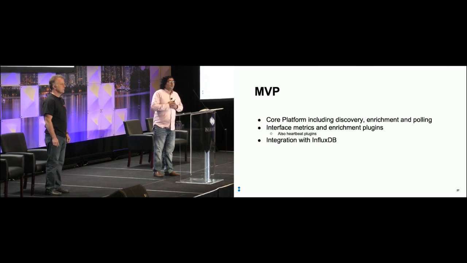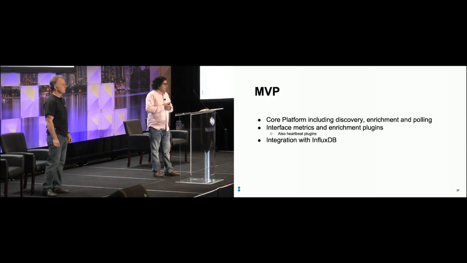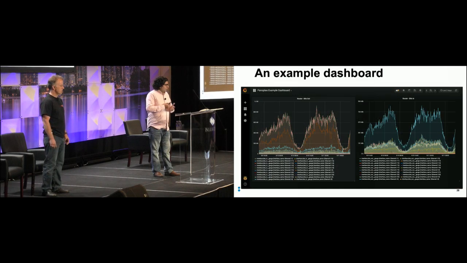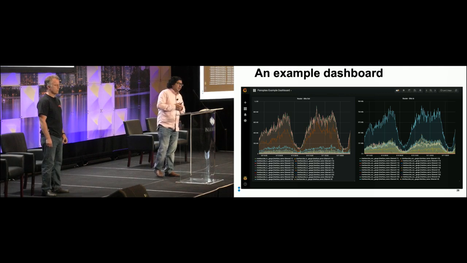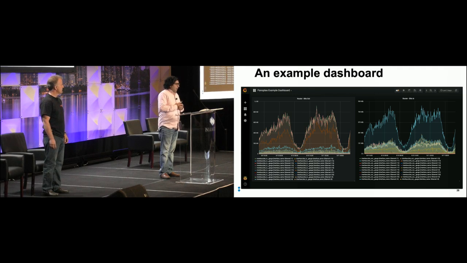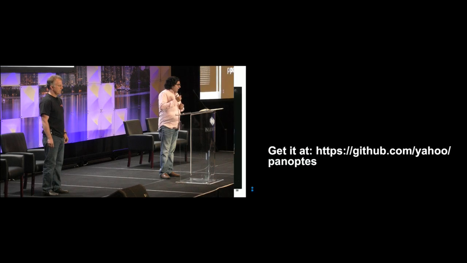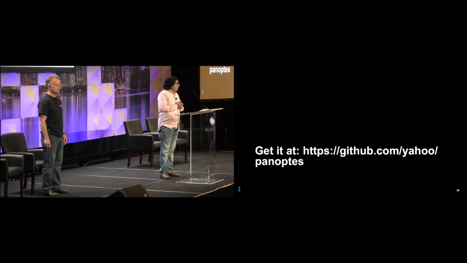And we're also introducing an integration with InfluxDB as a time series database. This is an example of an InfluxDB dashboard that you can create if you use the open source implementation that Panoptix has. And you can go get it at this URL.